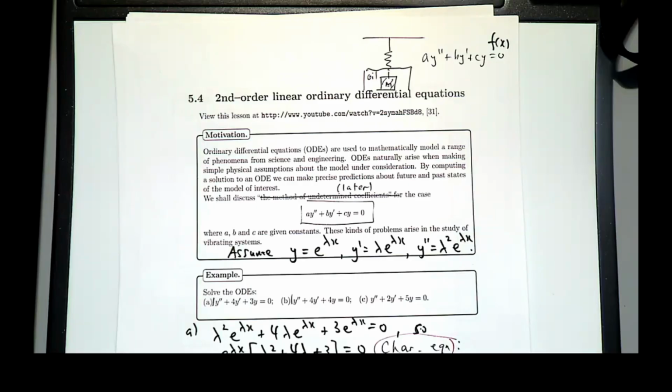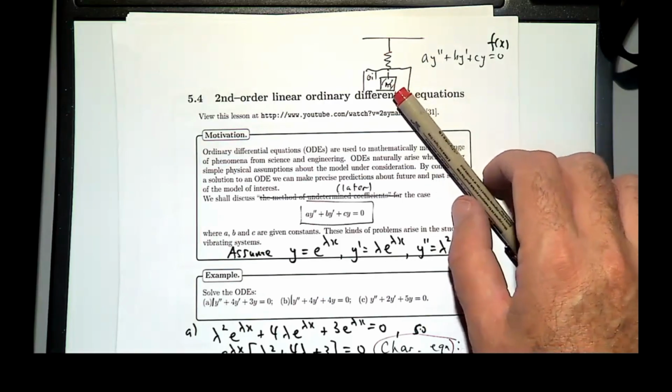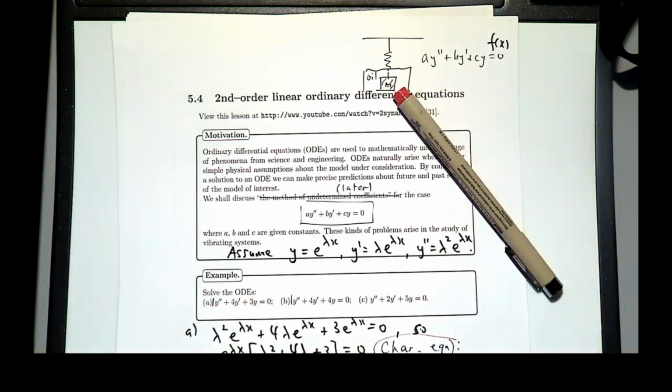So you might have a spring and a mass, attached to a wall or something, and the mass is encased in oil, or some substance that retards its motion, or at least slows it down.